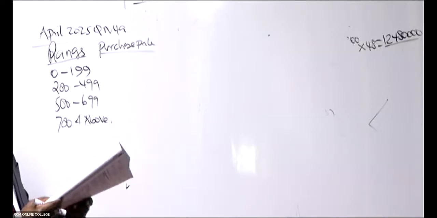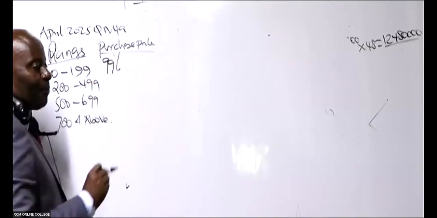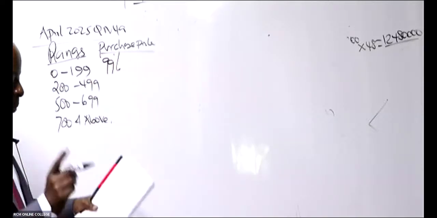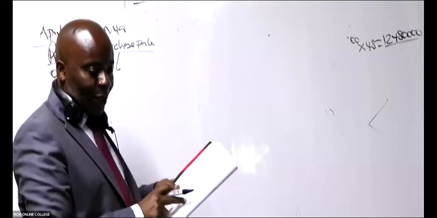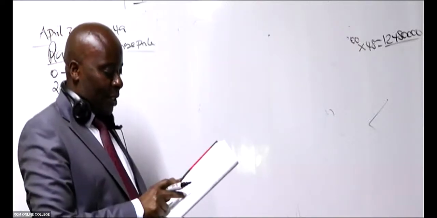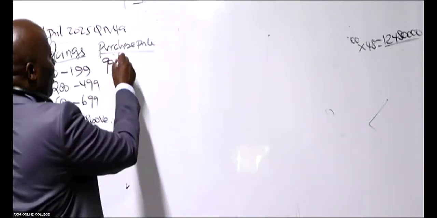So in that case, we shall be procuring these goods at what percentage? 99%. Are you able to see the original purchase price? I see it there as 15. So 99 times 15.